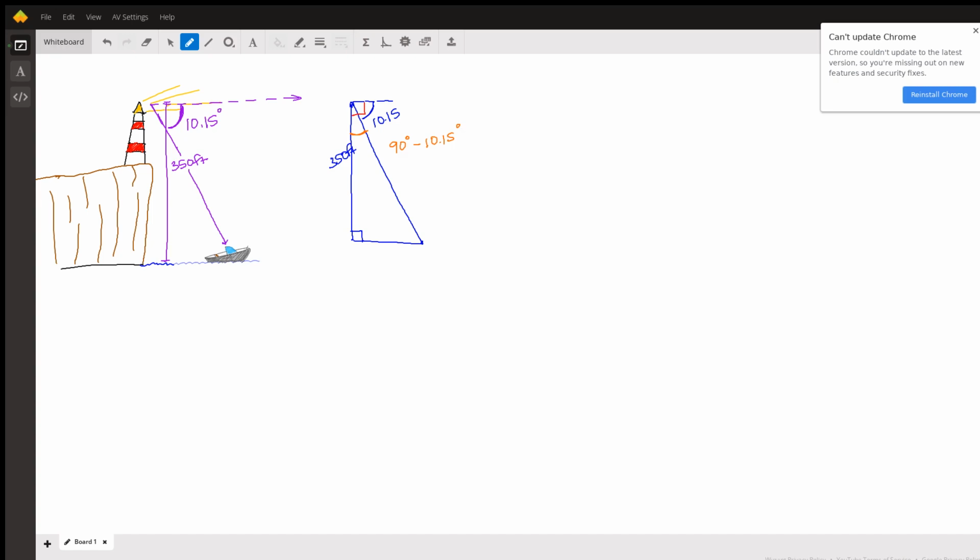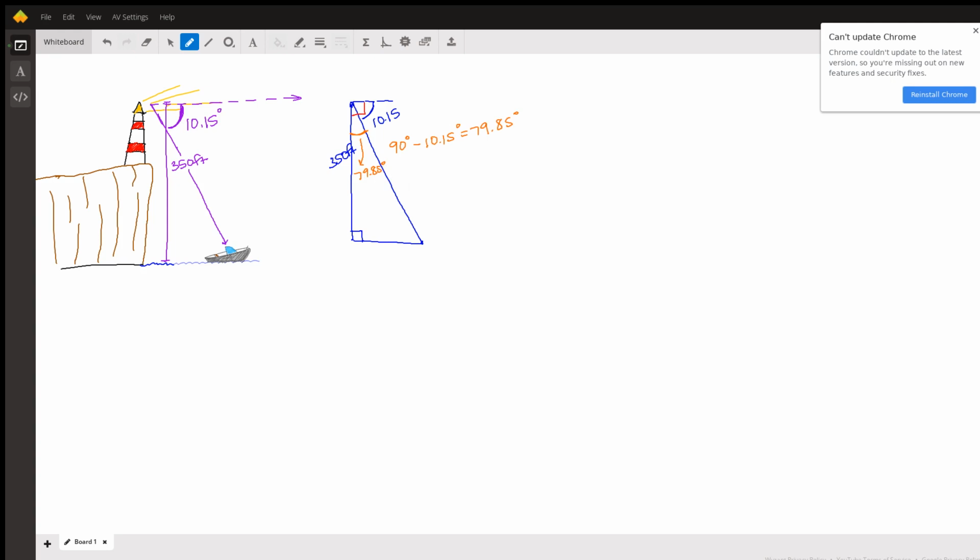And 90 degrees minus 10.15 gives us 79.85 degrees. This is what this angle here is, 79.85 degrees.